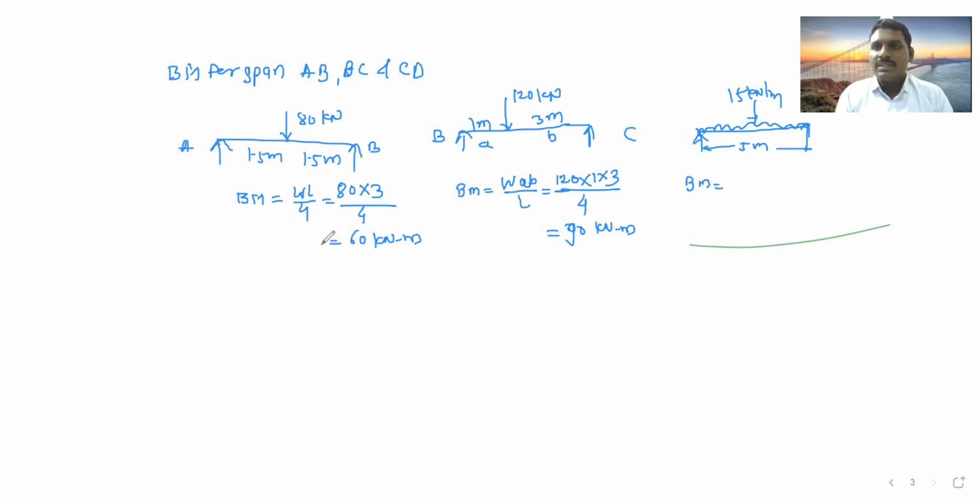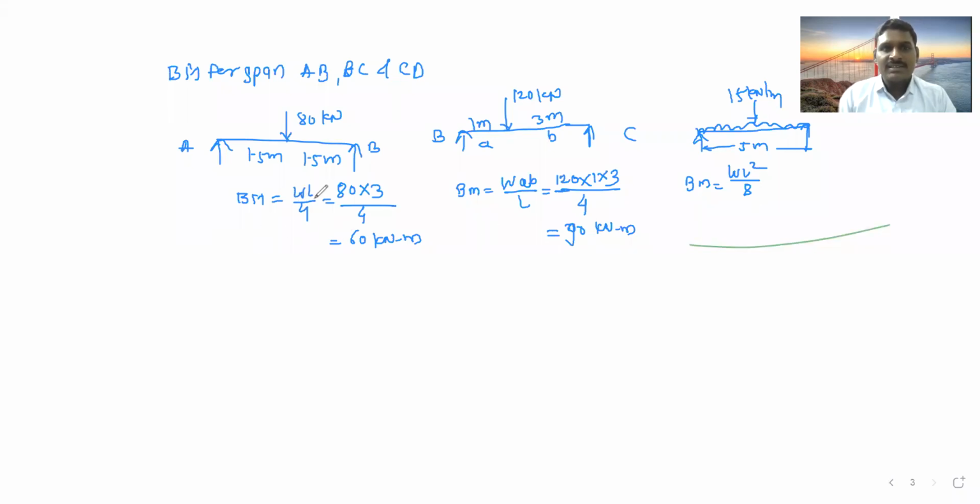Please do the calculation fast, or tell me. So here WL square by 8. For a simply supported beam carrying a central load it is WL by 4; here WL square by 8 is there for UDL.